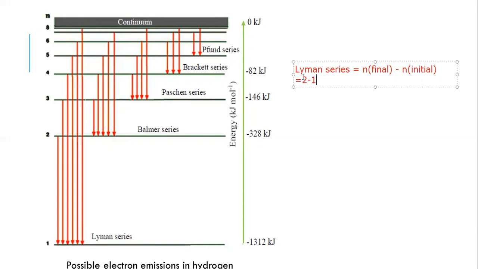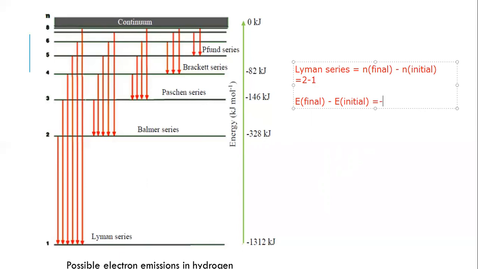I was speaking about the energy shell, the level of the shell, but when you speak about energy, we say E final minus E initial. Take this Lyman series, the energy of the final is 2 minus 1.